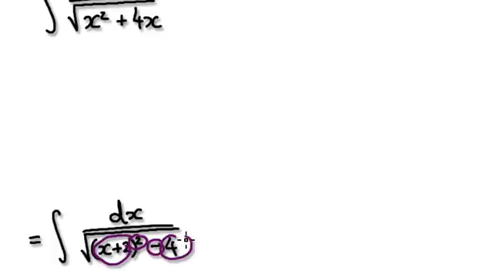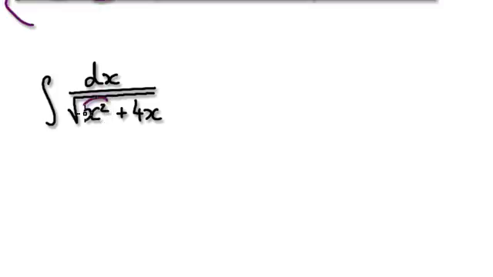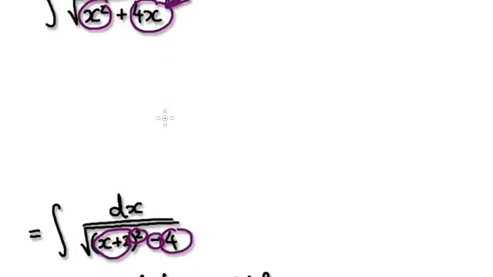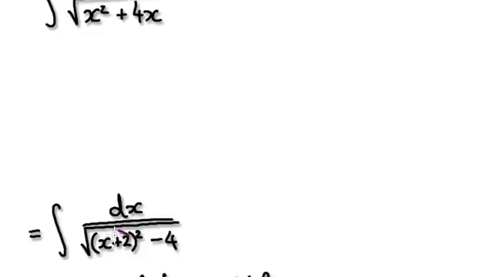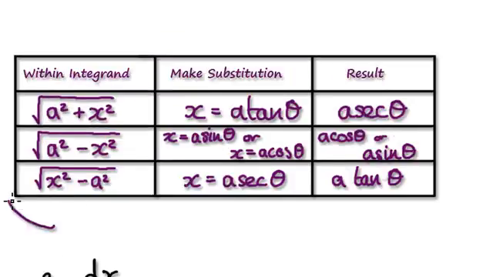Here we couldn't do the same because this is not a constant. Now we've turned it into something squared minus a constant. So we should make use of this. I will continue in the next video.